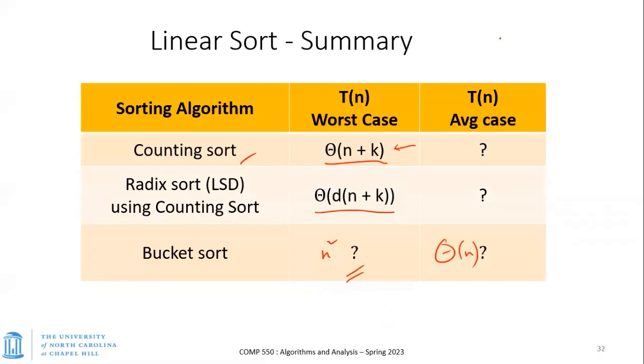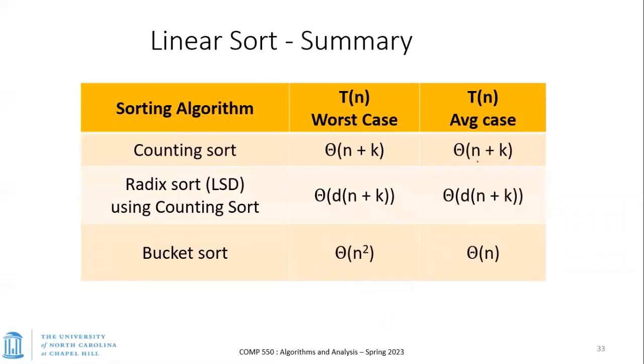Essentially, for both of these, the average case and the worst case are the same. And in bucket sort, the worst case is actually a lot worse, simply because there's the element of randomness in there.